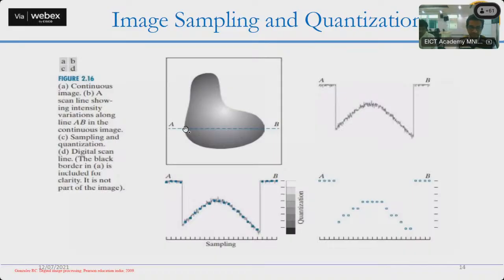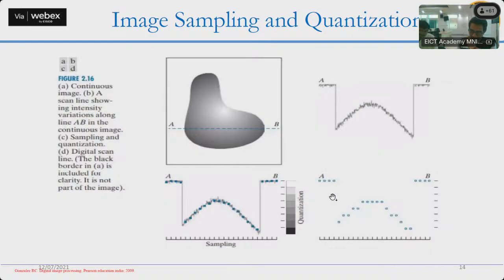Here it is shown that a continuous image, and a scan line showing the intensity variations along line AB in the continuous image. Thereafter, we do the sampling in part C. What do we mean by sampling? Sampling means you are taking different intervals, some particular values, for example 1, 2, 3, 4, 5, 6, 7, 8, in between parts of the image.